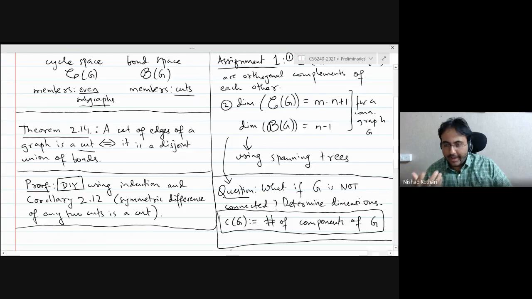We are not using any algebra to define the cut or a bond. But when we impose this algebra on top of the graph, you are able to see that there is a connection between the bonds and the cycles. There is a connection between the cuts of a graph and the even subgraphs of a graph, right? And also this connection will be explored further in future topics in this course, especially when we study planarity.